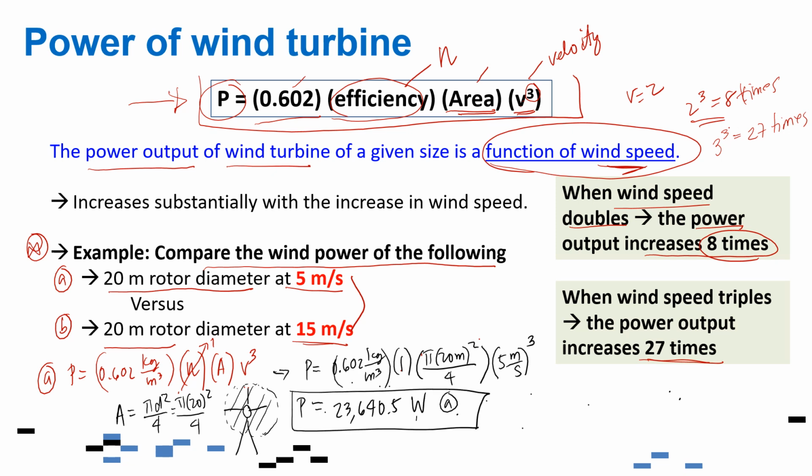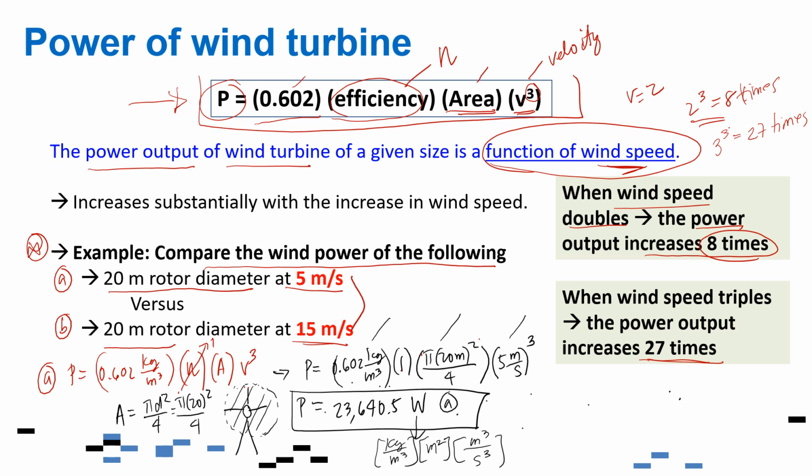So why is it watts? Let's try to see if it's really watts is the unit here. What is the unit for this? It is kilogram per cubic meter. So we'll try unit analysis. Kilogram per cubic meter, this one should be square meter, and this one should be cubic meter per cubic second.